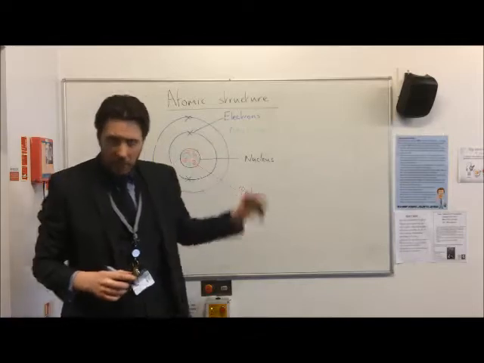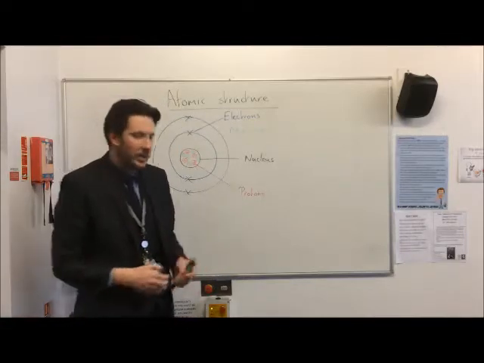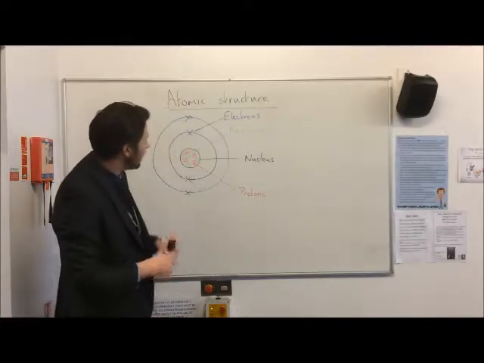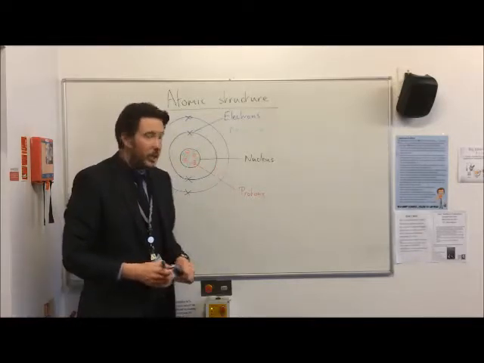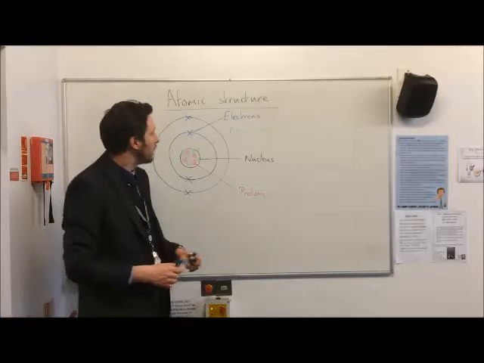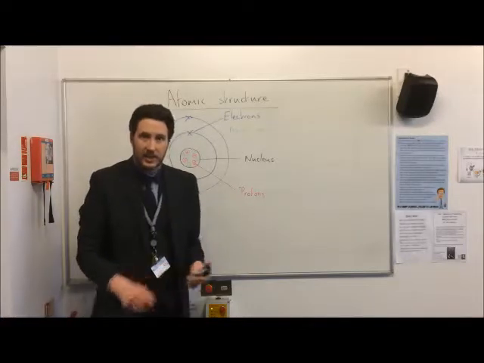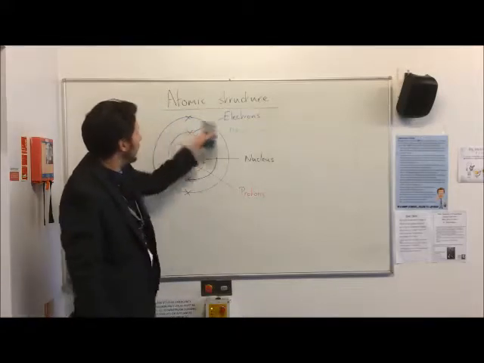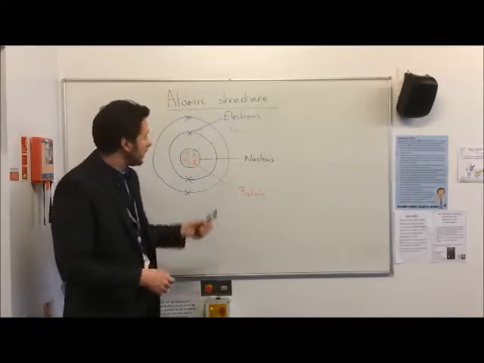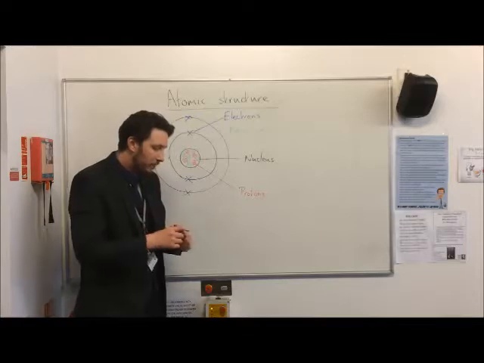Now, if the greens are a bit unclear at this point, don't worry too much, I'm going to be writing up those names again. The positive protons are found in the nucleus. The neutral neutrons are found in the nucleus as well. And the electrons have a negative charge, and they are found in energy levels or shells around the nucleus, sort of going around like that.